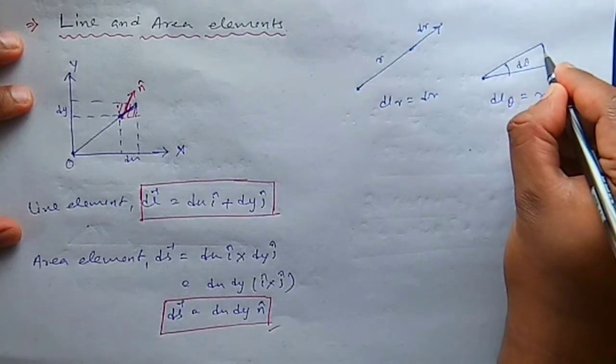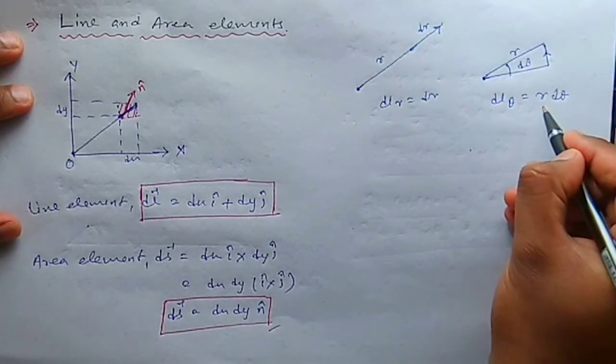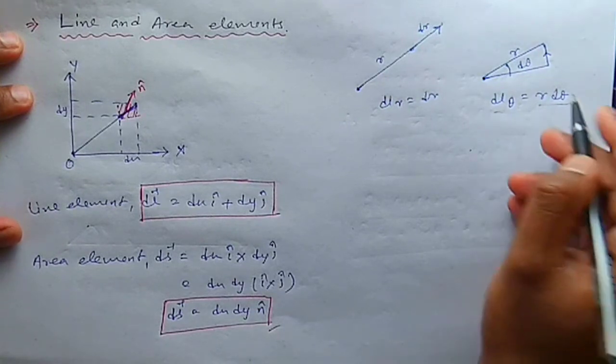We are taking the length of the arc, which is radius into angle.